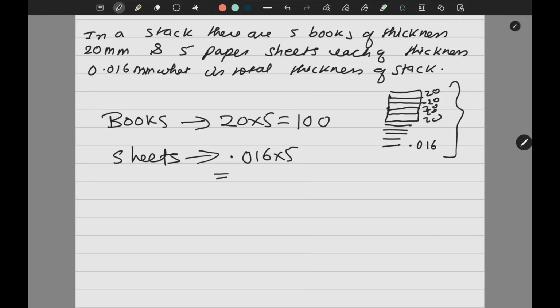How much will I get? 5 sixes are 30. 0, 3 carry over. 5 ones are 5, 6, 7, 8. 5 zeros are 0 and then the decimal. So 0.080 I got. Right? So now the total will be the addition of these two. So my answer will be 100.080. Right? So this is how I should solve it. So this is the thickness of the stack. Now come to the next thing.